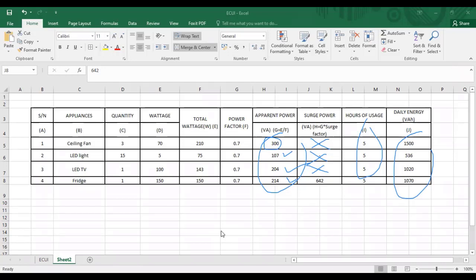Some devices also have transformers or inductors in them, so these form part of the inductive loads. These devices can consume more current at startup than normal. This surge power is for a short time, like half of a minute, and then it goes back to the normal power it is consuming.